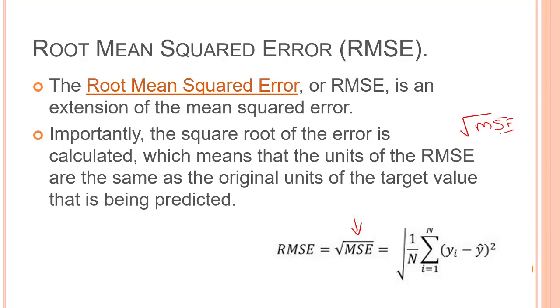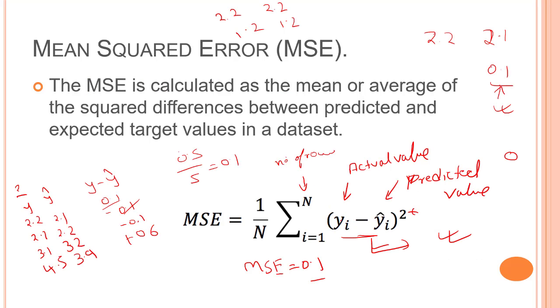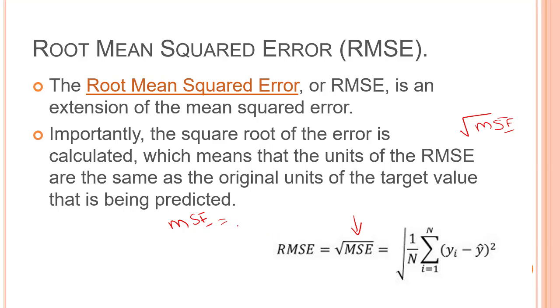Let's take a quick example of this. If we are calculating MSE, we have a square sign over here. So we are trying to predict, let's say, rupees, how many rupees something might be. So the final answer that we will be getting will be in rupees squared.